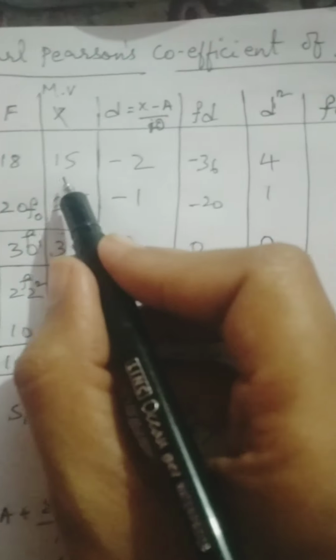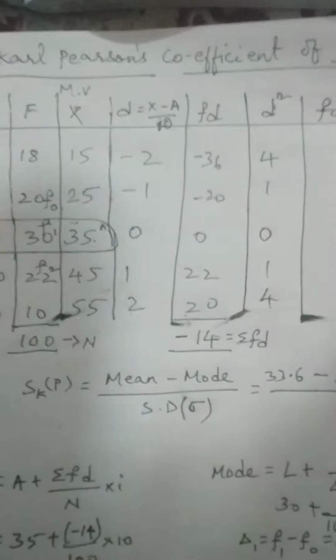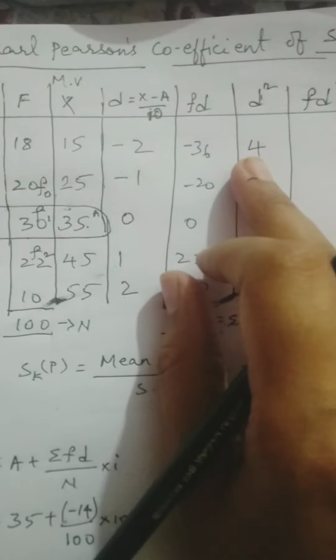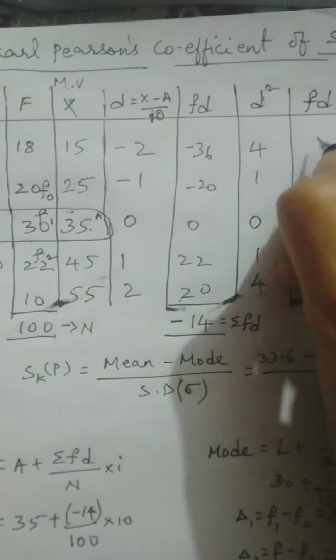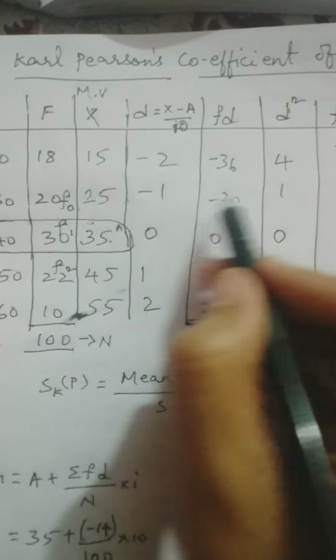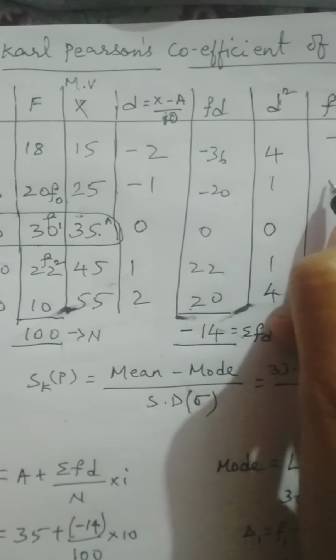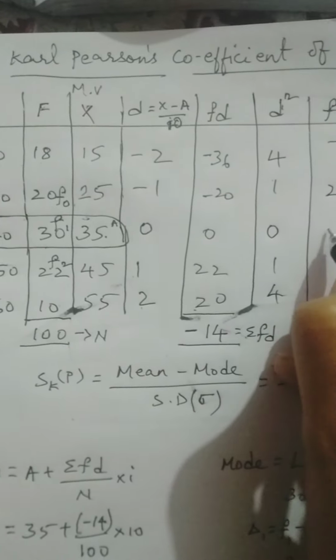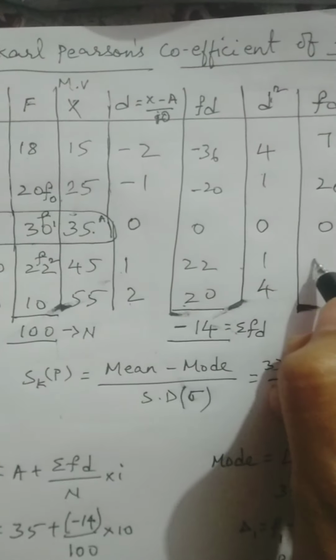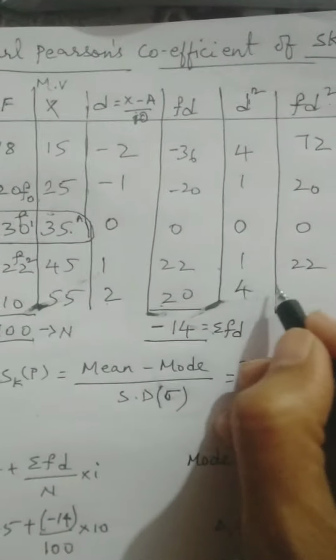FD square is what? F is 18. D square is 4. 18 into 4 is 72. Again F is 20, D square is 1. 20 into 1 is 20. Again 30 into 0 is 0. Then 22 into 1 is 22. 10 into 4 is 40.